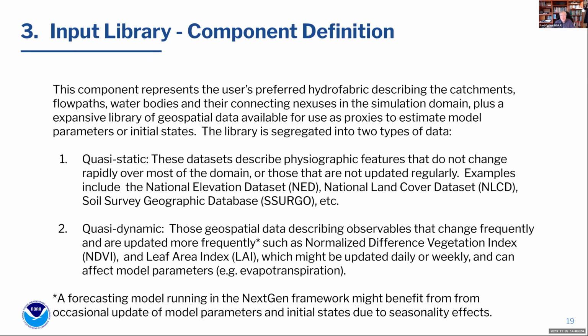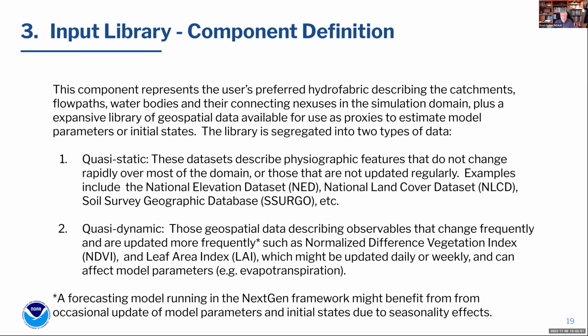These are data that don't change rapidly over most of the domain, or they're not updated regularly. Examples would be National Elevation Data Set. It is updated frequently, but not frequently over the entire domain. The National Land Cover Data Set, we get an update on that every, I think, couple of years. CIROH, again, it doesn't change a lot frequently.